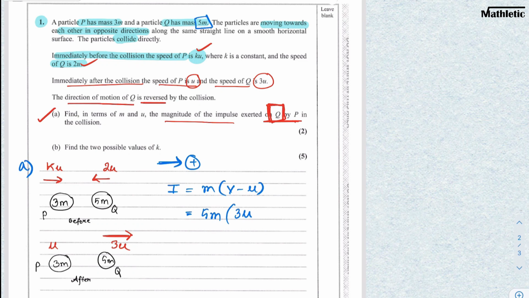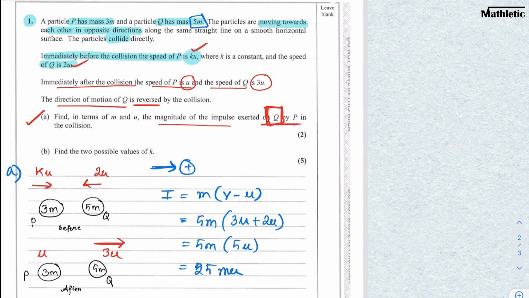If we substitute, minus minus will give us plus 2u. For part A, even if you have selected the opposite direction, left side as positive, in that case you will get a negative 25mu. But then again, we have to find the magnitude, so the final result should be 25mu, irrespective of the direction you select. So let's start part B, where we need to find 2 possible values for k.